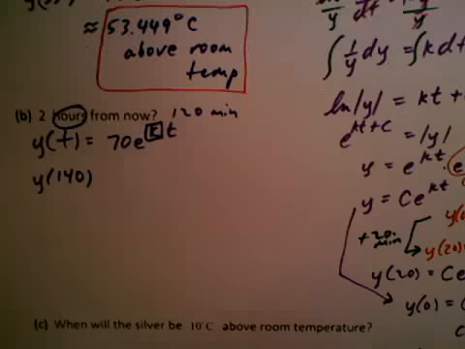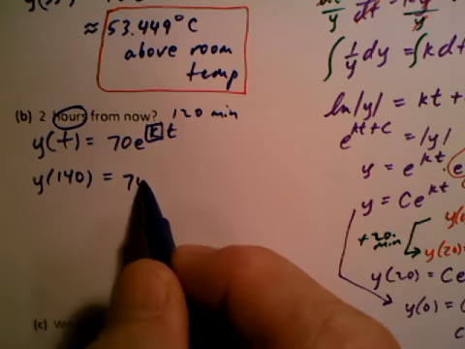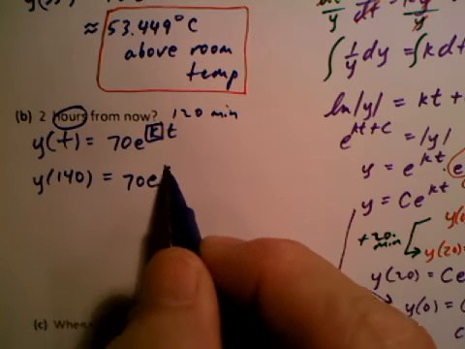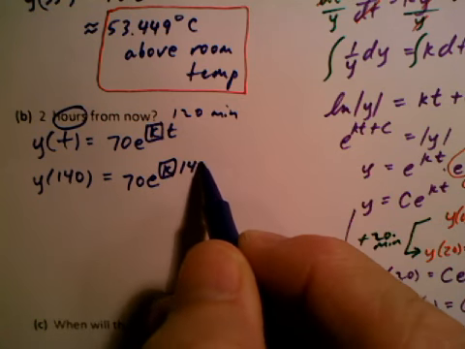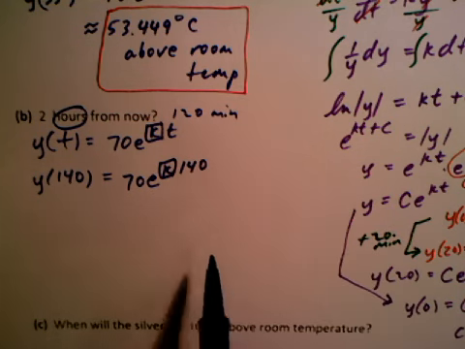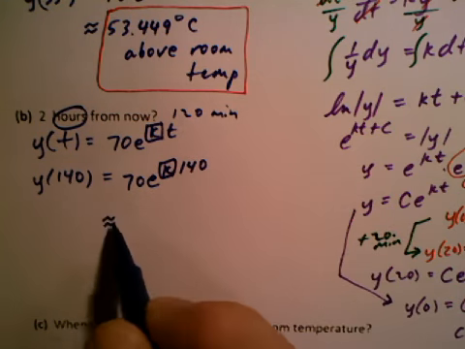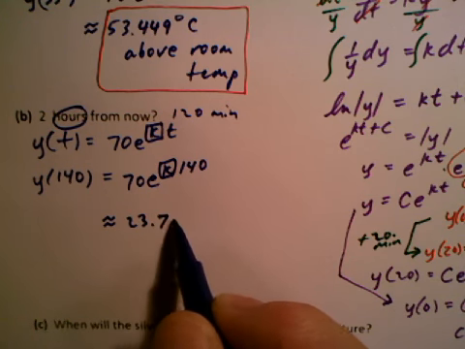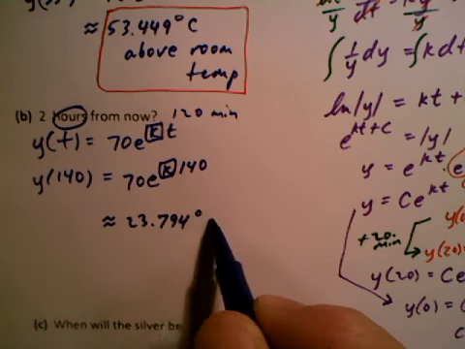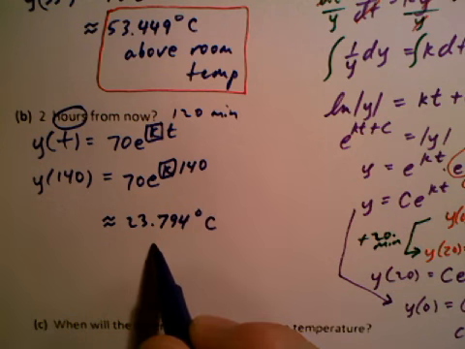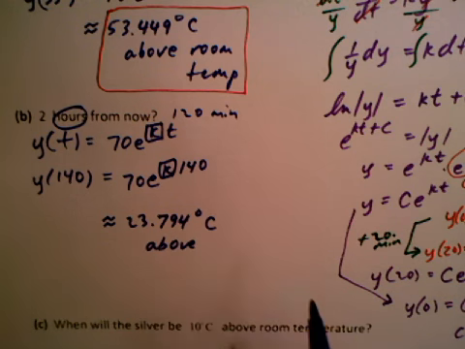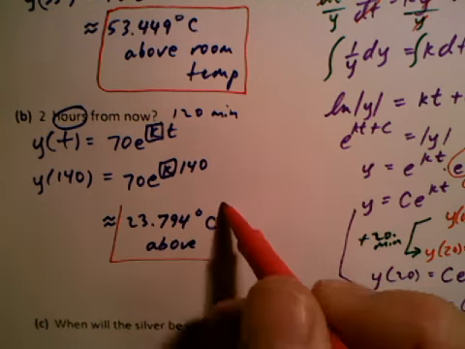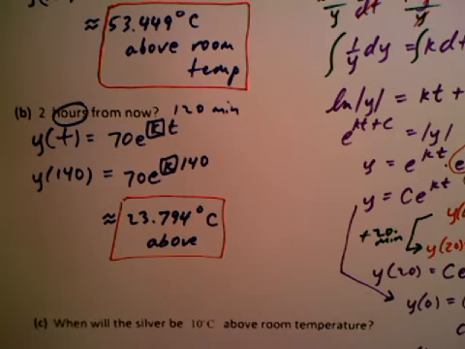So good job, I'm sure you did that. 70 e to the k times 140, and what you should have gotten is 23.794 degrees Celsius above. I can just say it above room temperature. Okay, and then part C.